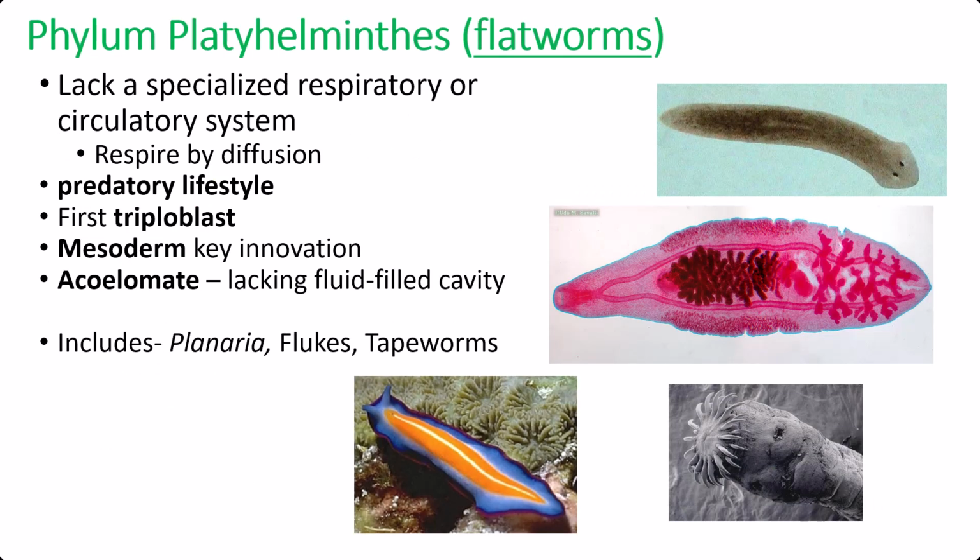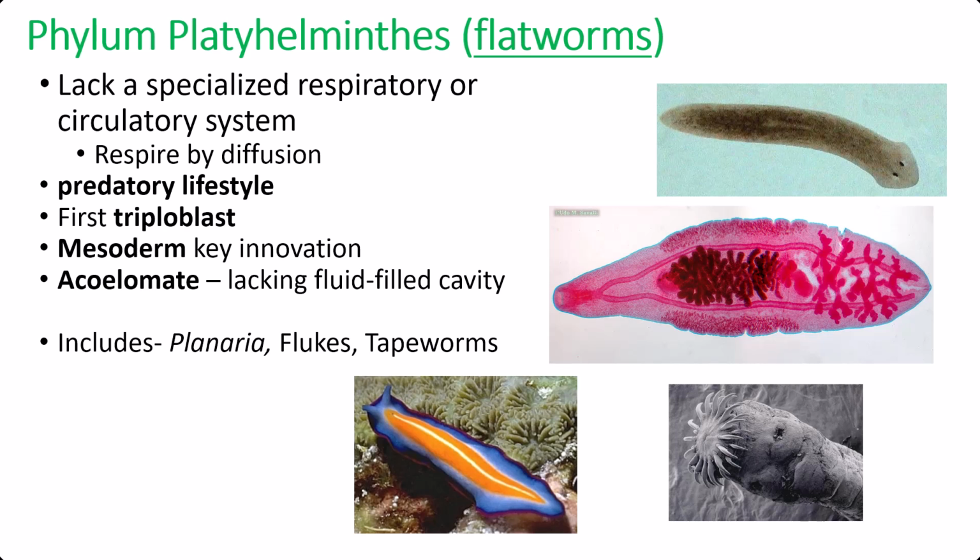So the platyhelminthes are the flatworms. They're really flat. So these are interesting organisms because since they are so flat, they do not need specialized respiratory or circulatory systems. They can just do gas exchange by simple diffusion. They're often predatory organisms. They had the first triploblast, so they had 3 tissue layers.